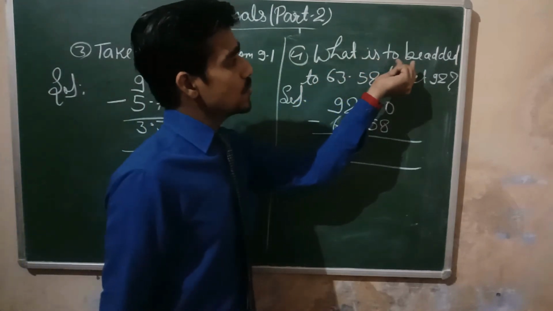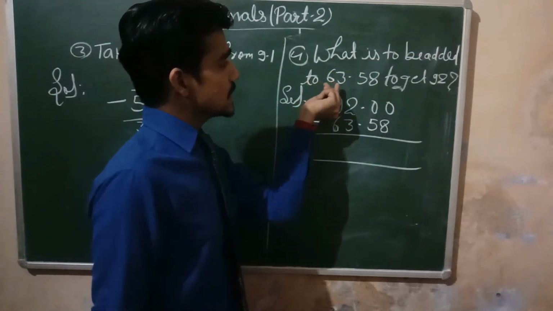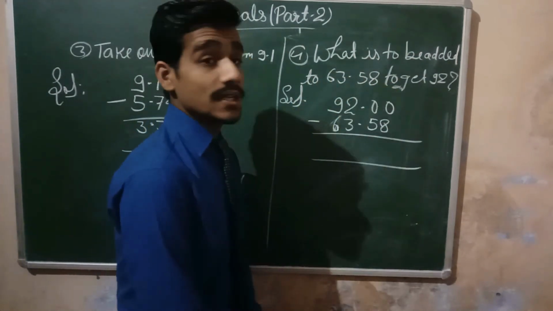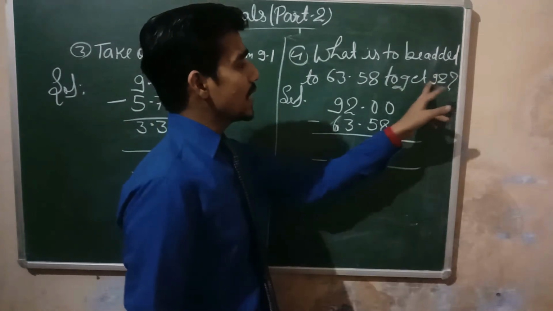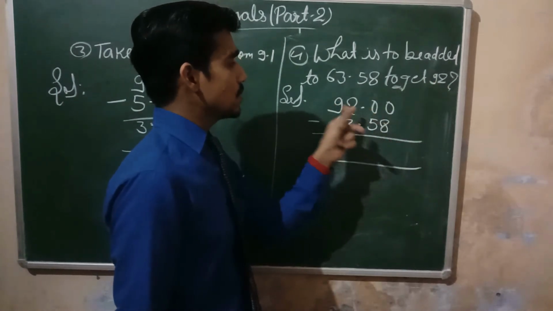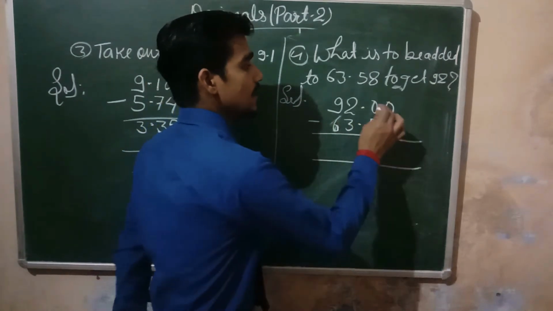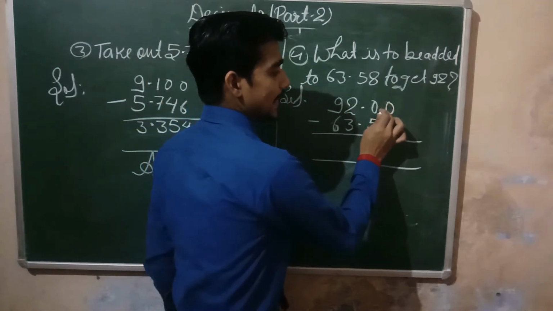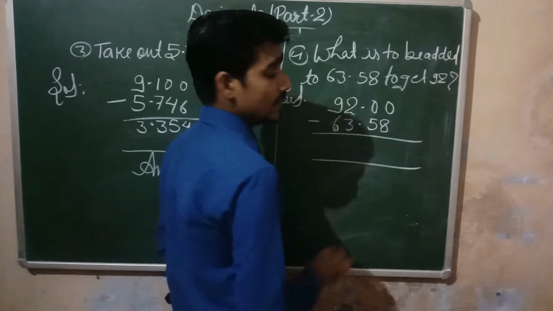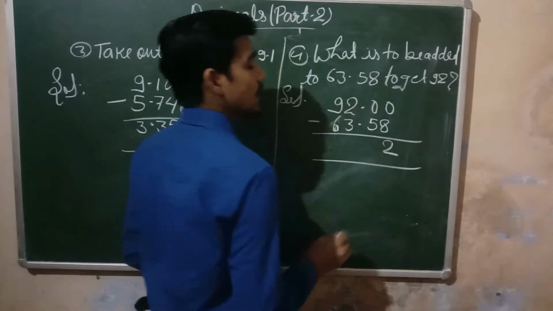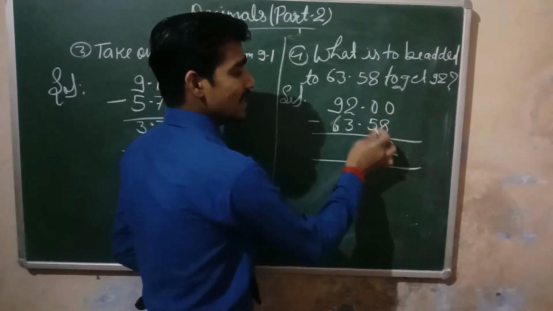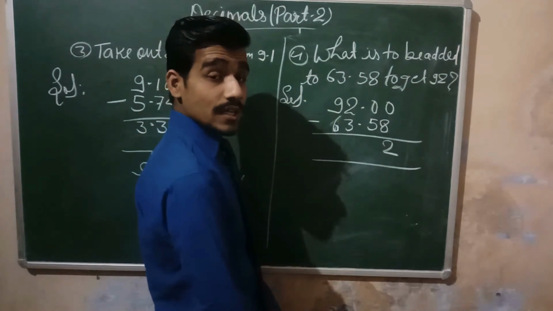What is to be added to 63.58 to get 92? Firstly, we will write 92.00 and here 63.58. Clear? And 0, take one carry. Here 8 subtracted from 10, we get 2. And here 5 subtracted from 9, we get 4.